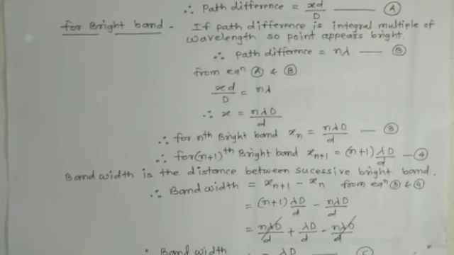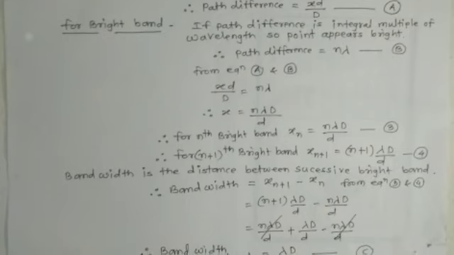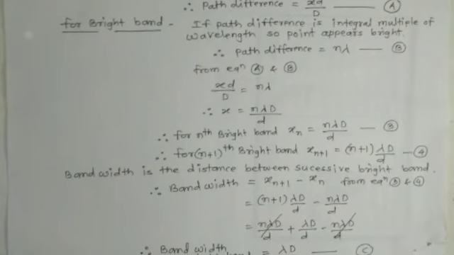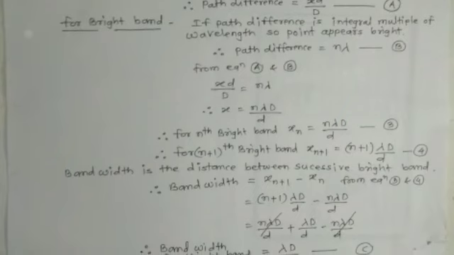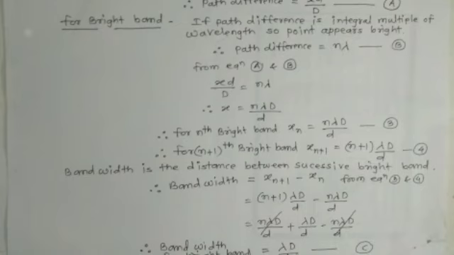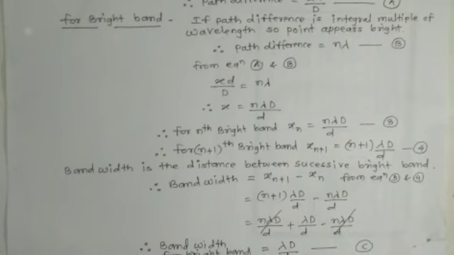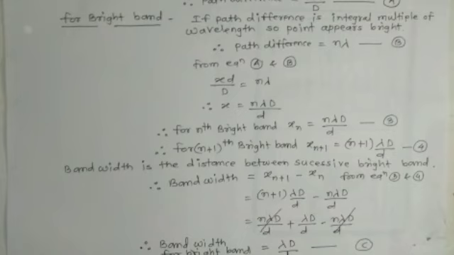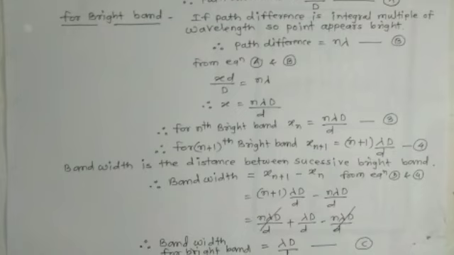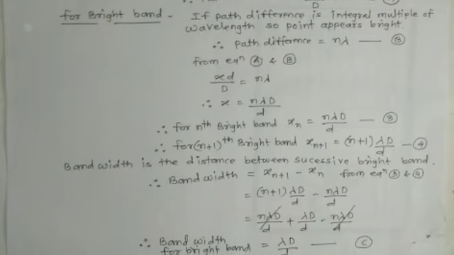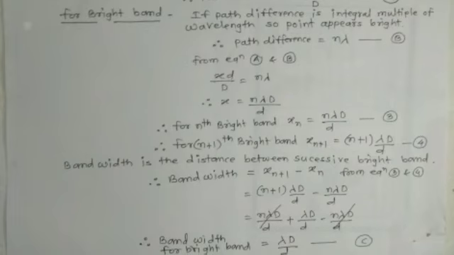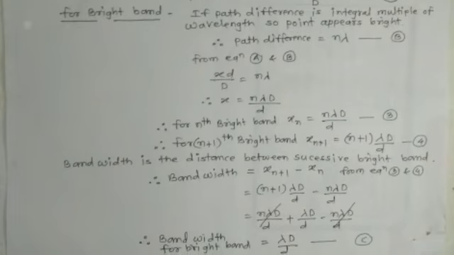For (n plus 1)th bright band, xn plus 1 is equal to (n plus 1) lambda capital D upon small d. Equation 4. Bandwidth is the distance between successive bright bands. Therefore bandwidth is equal to xn plus 1 minus xn.